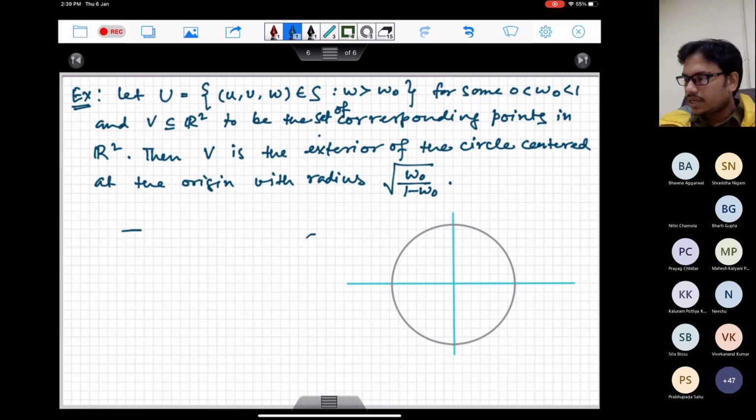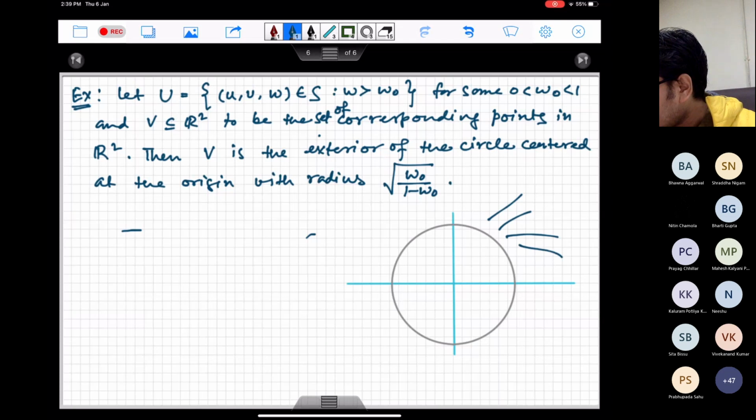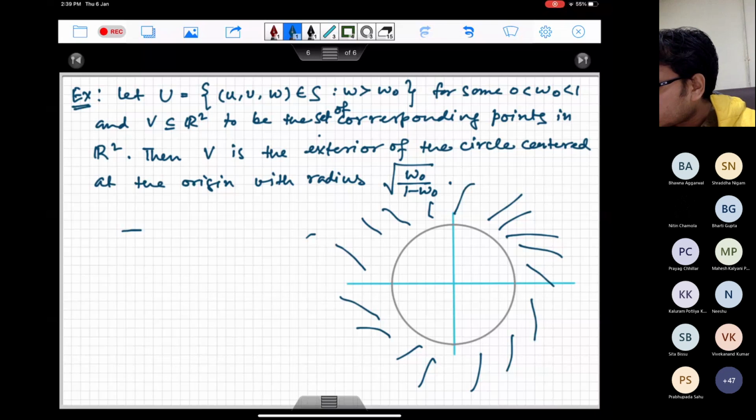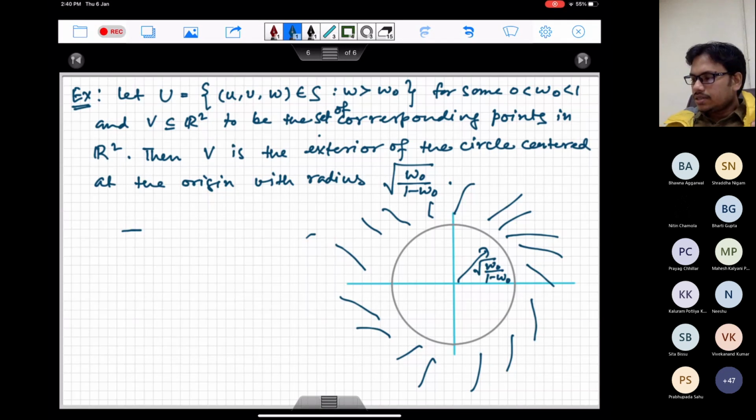If I call w the height, those points are going to correspond to something which is the exterior of a circle, where this is the square root of w naught divided by 1 minus w naught. Once I draw this circle, I will see that the set U that I have written over here corresponds to the exterior of this circle.